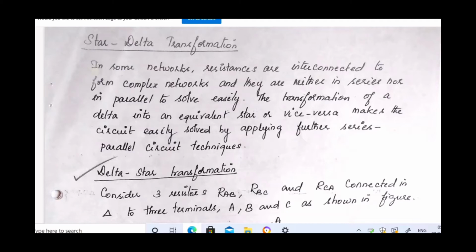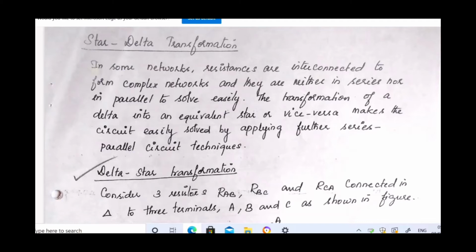If it is a simple problem, then it is easier to handle with a series or a parallel connection. But in a complex network made with interconnections, we need alternate arrangements, meaning alternate methods to solve. In that aspect, the transformation of delta into equivalent star or vice versa makes the circuit easier to solve by applying the further series-parallel circuit techniques.